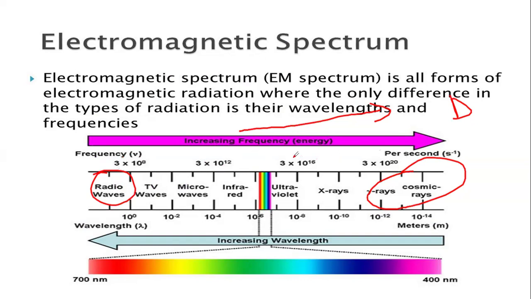So you can see the frequency is increasing, but the values of the wavelength, which are these values down here, are decreasing, because this is 10 to the power 0, which is just 1. And then I have 10 to the power minus 2, which will just be 0 point something, and then 10 to the power minus 4, which will also be 0 point something. So as the wavelength decreases, the frequency increases. So they are inversely proportional, right?